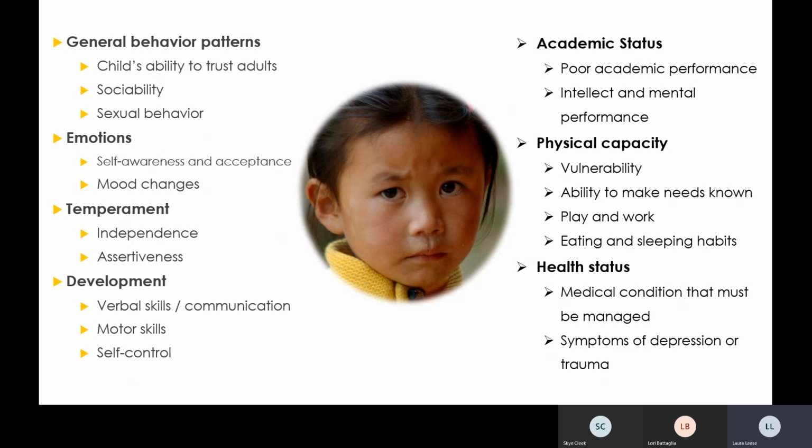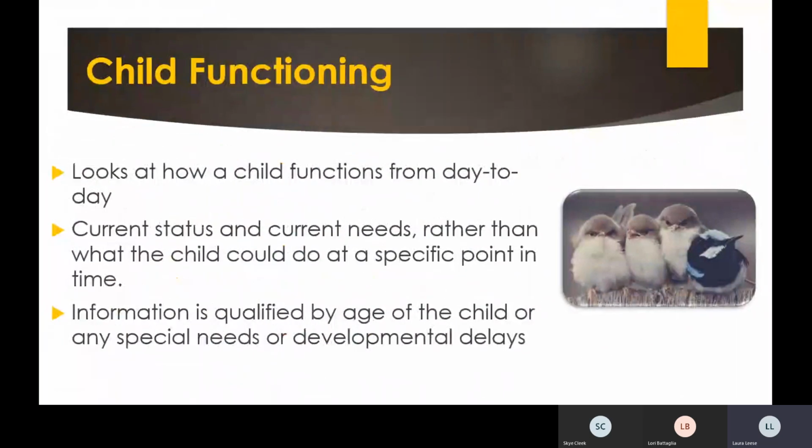Again, I'm going to just switch it back to the slide before. It's taking a look at how the child functions on a day-to-day basis in those areas, specific to what they are currently doing, as far as their status and their needs, which is qualified by age and/or special need or developmental delay.